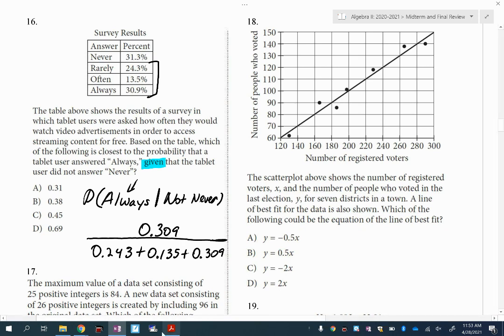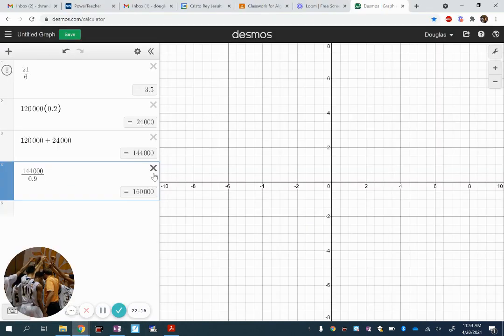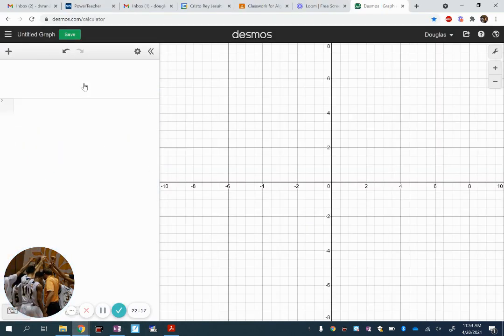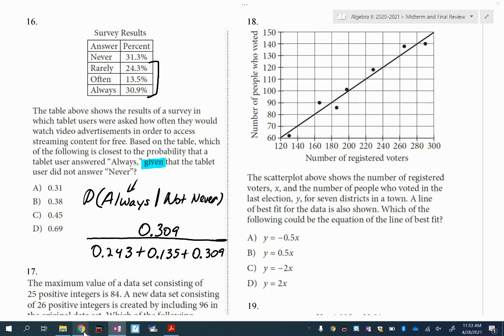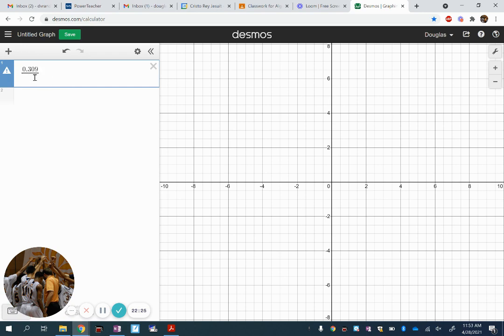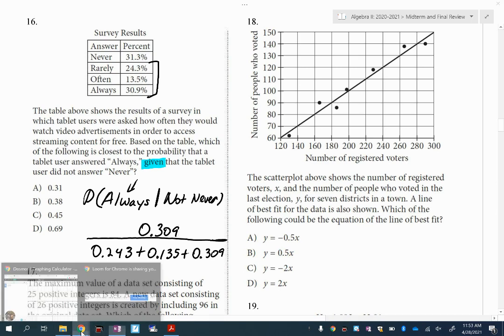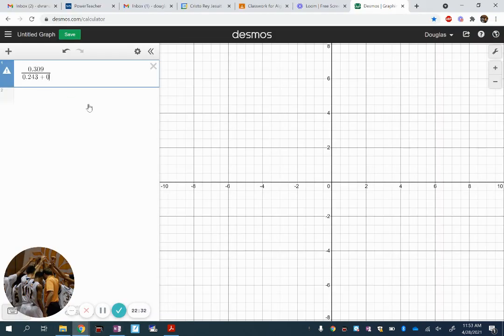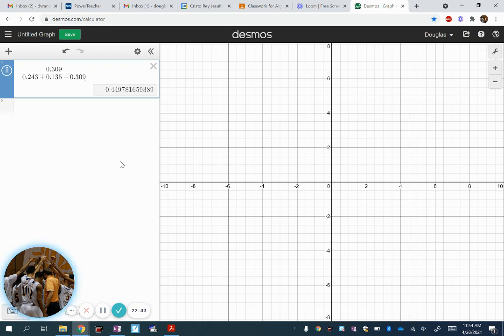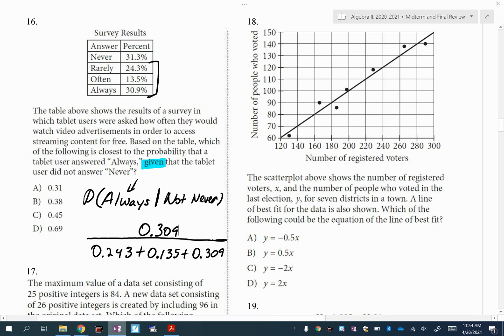All right, so I have 0.309 divided by 0.243 plus 0.135 and then plus 0.309. So my answer is 0.44978, which looks like it rounds to 45%, or 0.45. Let's see which our answer is. There we go, C, 45%.